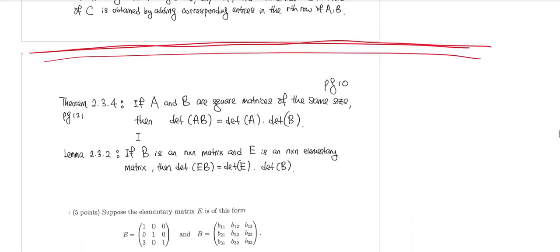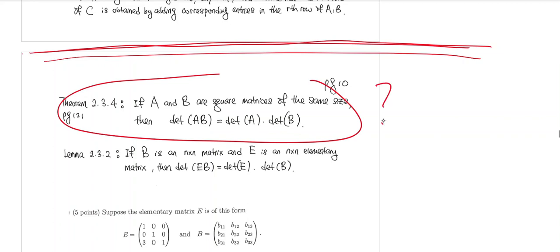But for products, we do have that the determinant of the product of the matrices is equal to the product of the determinants of the matrices. So the determinant of AB is the same as the product of the determinant of A and the determinant of B. So this is true. Why is this true? It's going to be in the third video. So I will see you there.